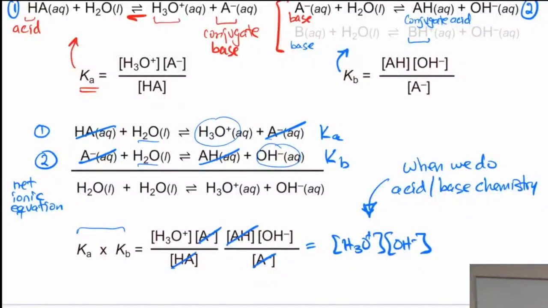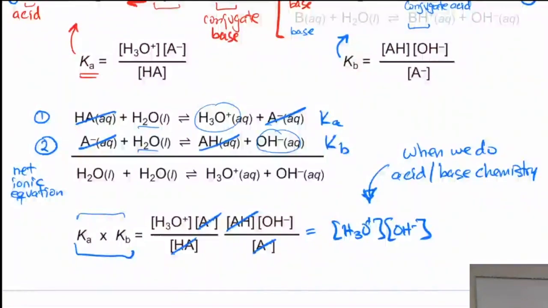So we're going to put a new name for this quantity when we multiply Ka by Kb. We're going to call that K sub W. This is all happening in water, all right? K sub W is what you have when you have water, because all that's happening here is the water is dissociating into ions.